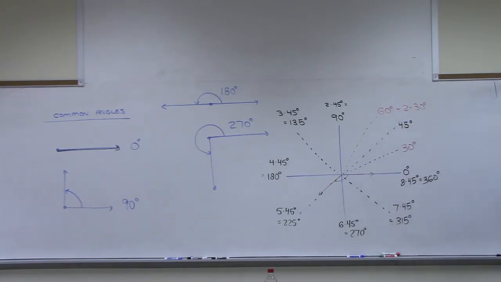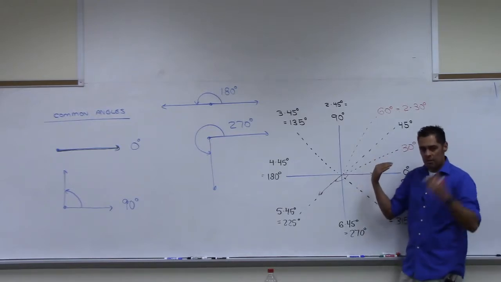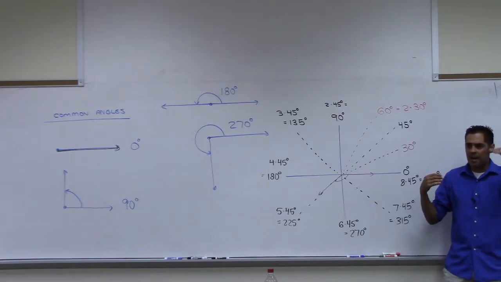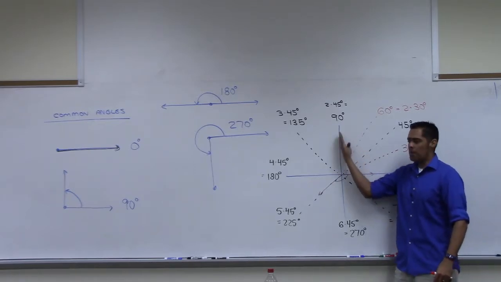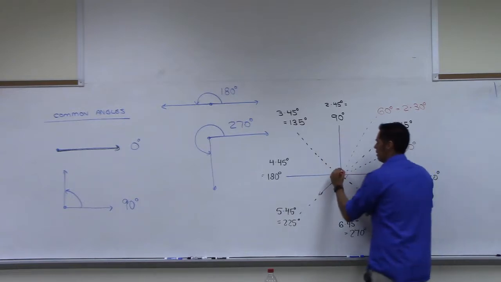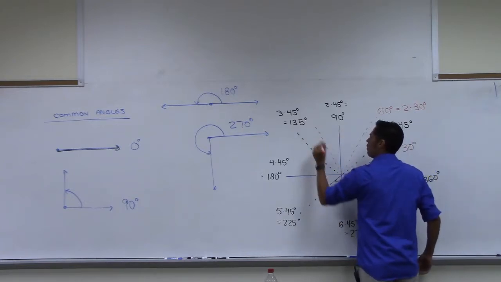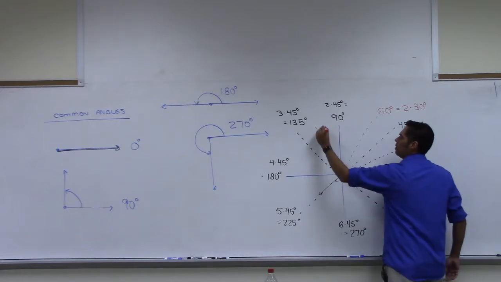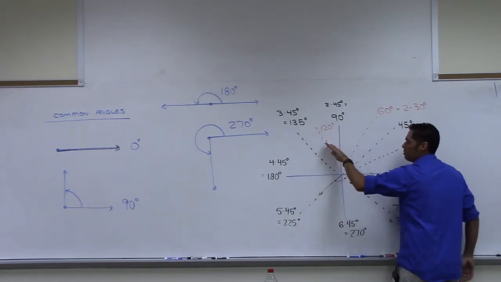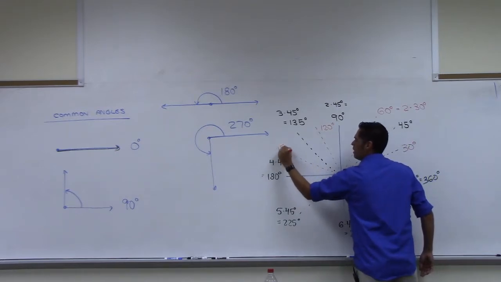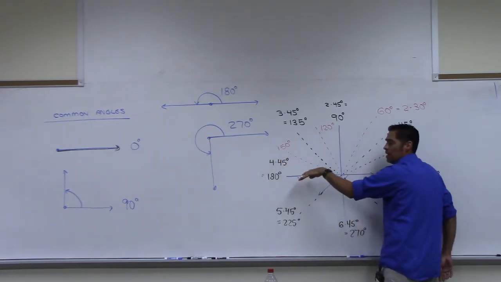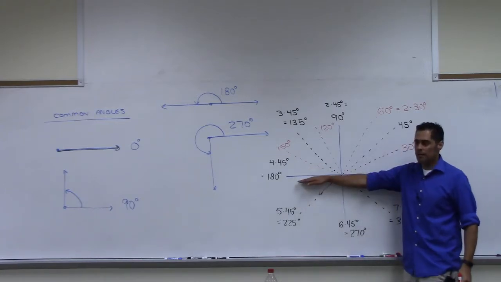The next one, 3 times 30, which would be 90. So this is what I'm trying to get you to see. I'm counting my way around. 30, right? That's 2 30s. That's 3 30s. The next one will be this one right here. 4 30s. What's that angle there? 120. The next one would be 5 30s, that's 150. Then when I get to my 6th one, right? 6 times 30 is 180.